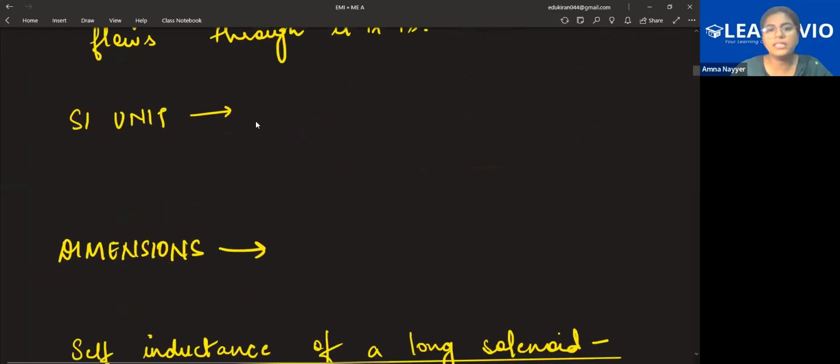What's the SI unit for inductance? 1 volt divided by 1 ampere per 1 second. Instead of using this unit, it's better to use the unit called Henry. Simply capital H will be used. Use Henry for inductance, self, mutual, whichever, just use Henry.